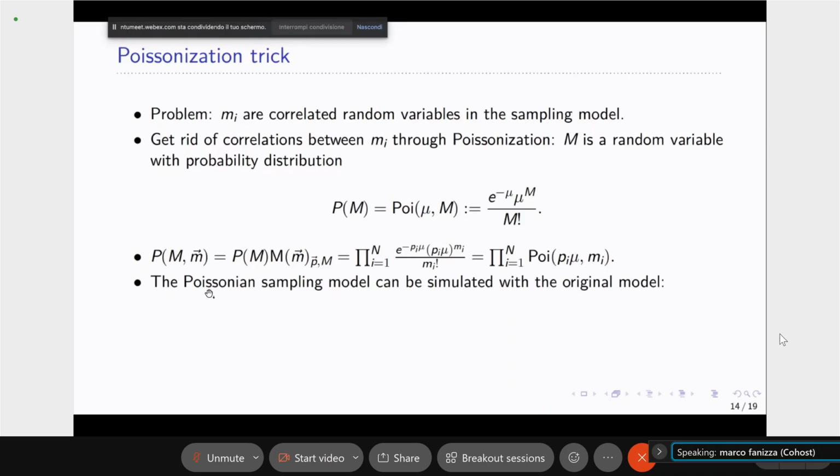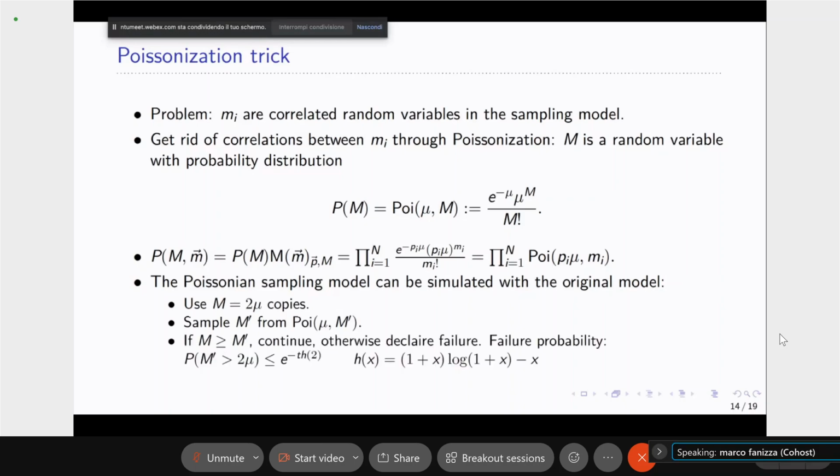The nice thing is that the Poissonian sampling model can be simulated with the original model, and one can do it in this way. One takes from the original model M equal to mu, samples M prime from the Poissonian distribution, and if M is larger than M prime, one can continue. Otherwise, one declares failure, and the failure probability is small because of the exponential concentration properties of the Poissonian distribution.